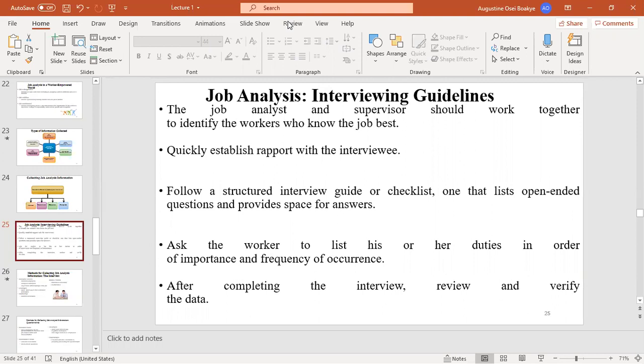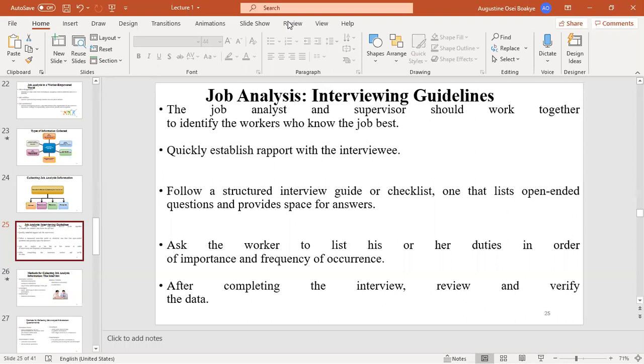Additionally, the job analyst, in an attempt to understand the job better, will be asking questions about the educational background or the qualification of the job incumbent, whether he is an SHS leaver, a first degree holder, a master's degree holder, or the person has no academic background but was trained on the job to perform it.